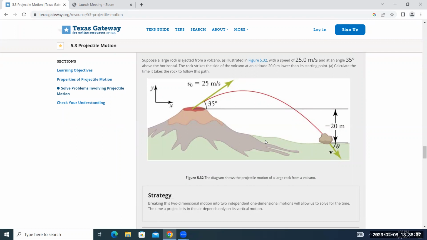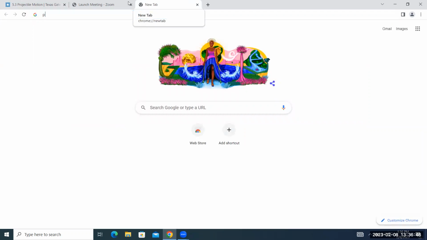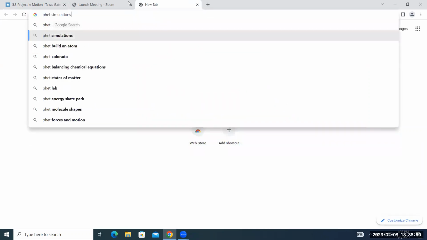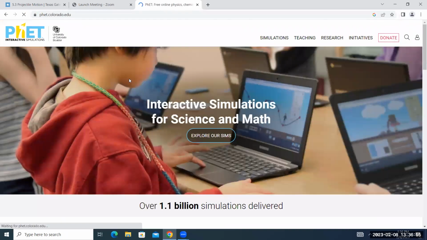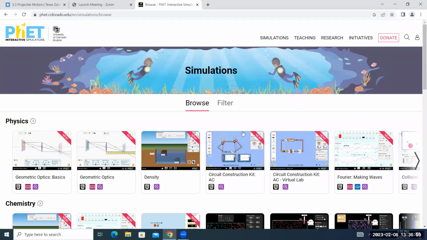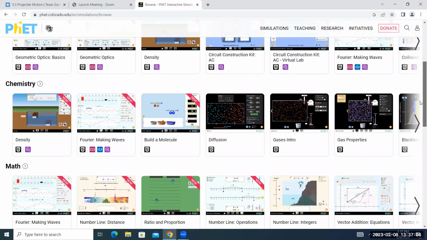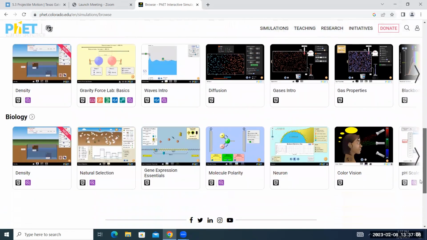So we understand two-dimensional kinematics. I want to show you something. What's it called? You might have used this in high school, this PhET thing. PhET is a really nice simulator for some basic physics stuff.